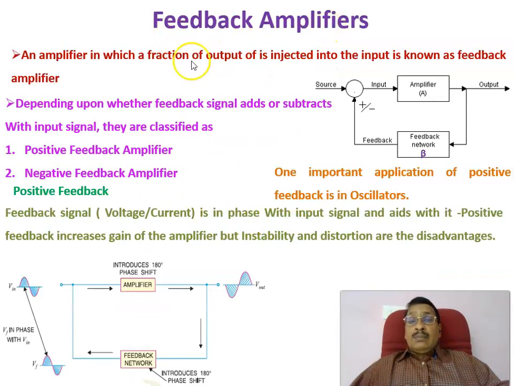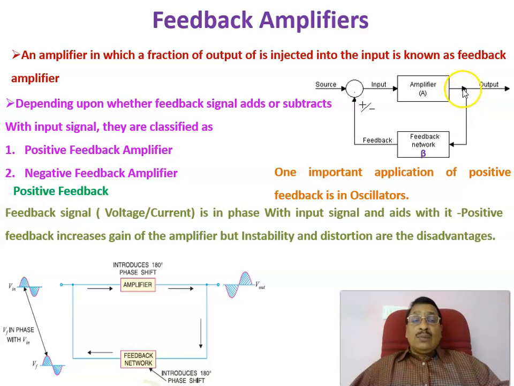An amplifier in which a fraction of the output is injected into the input is known as a feedback amplifier. Now if you consider this block diagram, this is the amplifier and the amplifier output is available here.